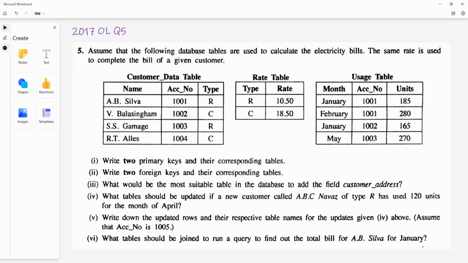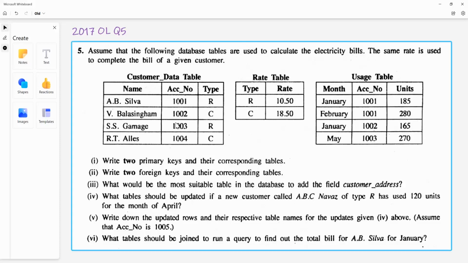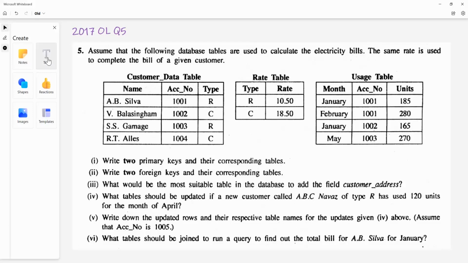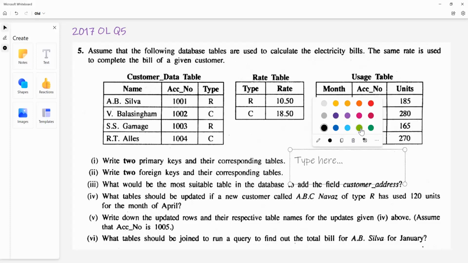That's a good point, although it asks 2. Okay, right. Let me put some answers here. Right. So what are the answers? Two primary keys and their corresponding table.